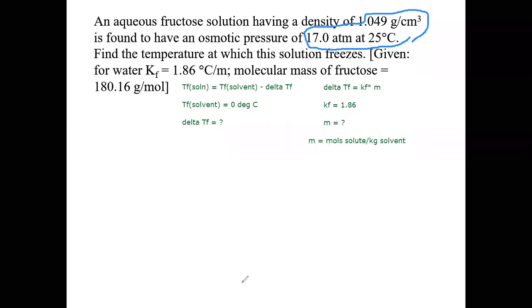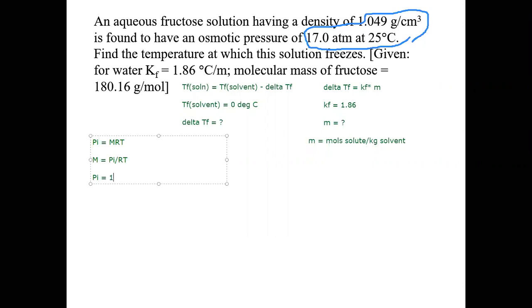What we're going to do is use this to calculate molarity, because we know that pi equals MRT. To solve for molarity, we need molarity equals pi divided by RT. Once we find molarity, then we can convert it to molality like we did at the beginning of chapter 13. So do we know pi?